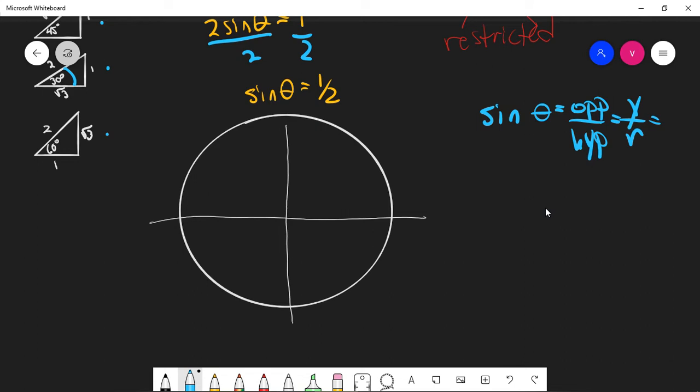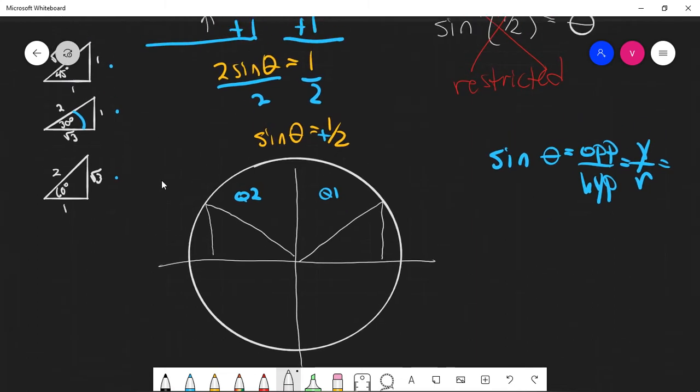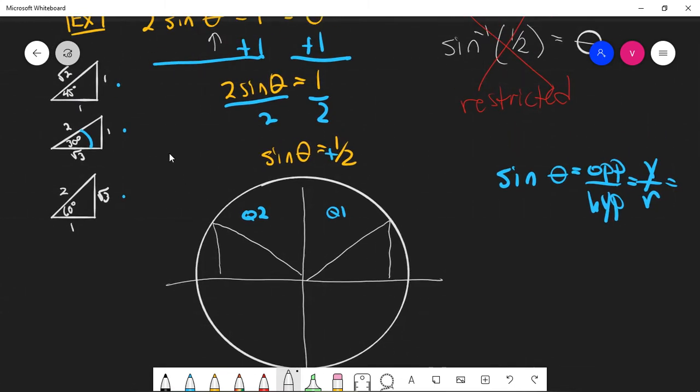So in this case, we have a positive ratio here. Where are the y's positive? That would be quadrant 1 and quadrant 2. Draw yourself a triangle in quadrant 1 and quadrant 2. If you look at your special rights, which one of these angles would make a sine of 1/2?